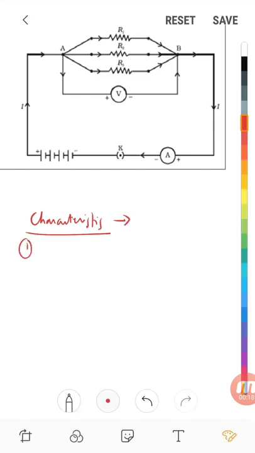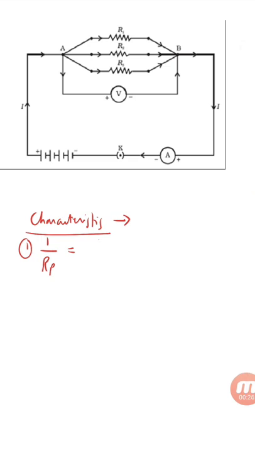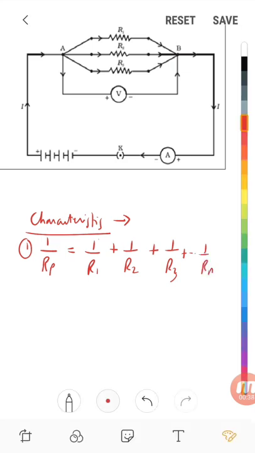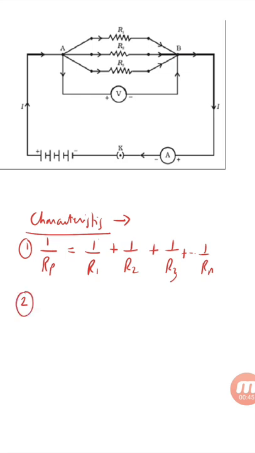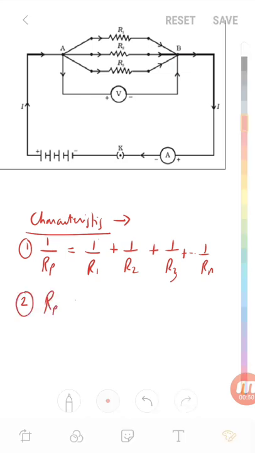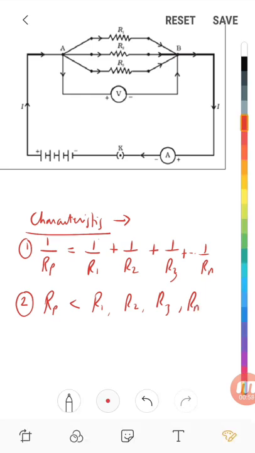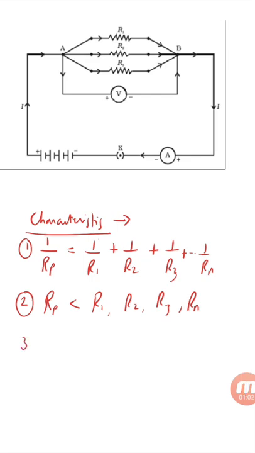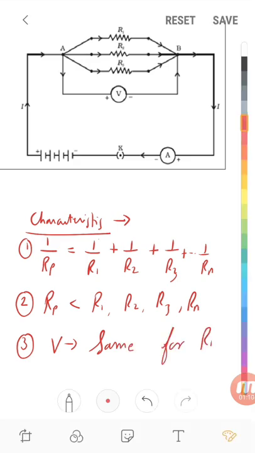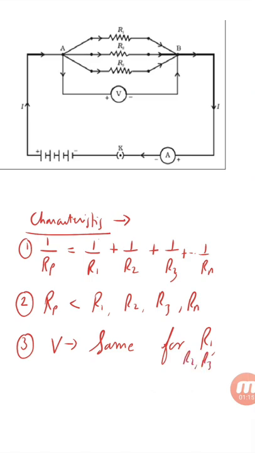Number 1, the reciprocal of the effective resistance, that is 1 upon Rp, is equal to the sum of the reciprocals of the individual resistances. Second, the value of Rp which we get is always smaller than the individual resistances. Third, the potential difference will be the same for each resistance, for R1, R2 and R3.